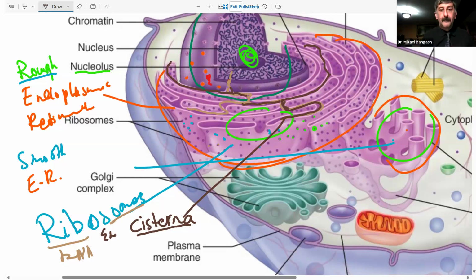You can say the hallway. If you want to compare, the hallway in the endoplasmic reticulum, here we don't call it a hallway, we call it the cistern.